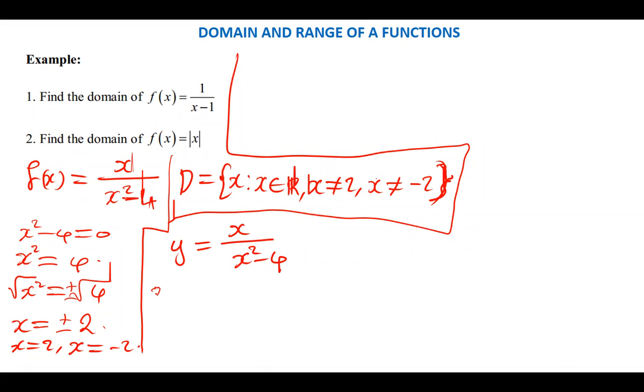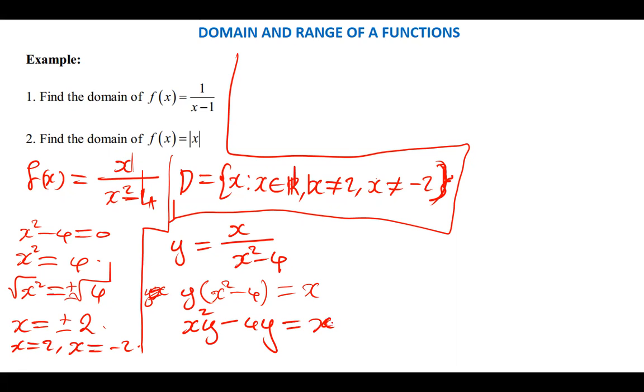So y times x squared minus 4 is equal to x. When you multiply there, you're going to have x squared y minus 4y is equal to x.